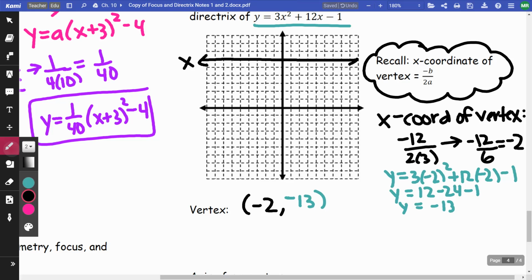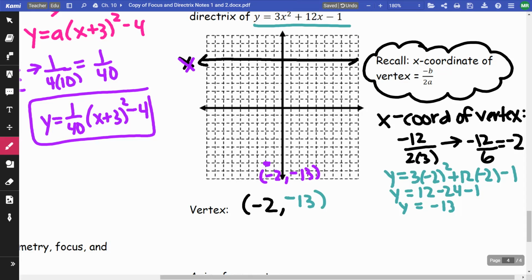So I'm going to go to -2, comma, -13. So -2, 1, 2, 3, 4, 5, 6, 7, 8, 9, 10, 11, 12, 13. Okay. So this is my -2, comma, -13. I moved it. I shifted it.